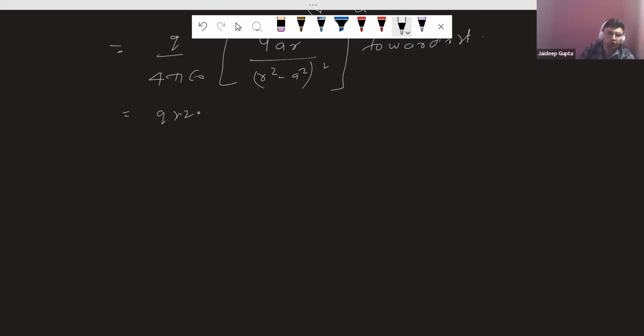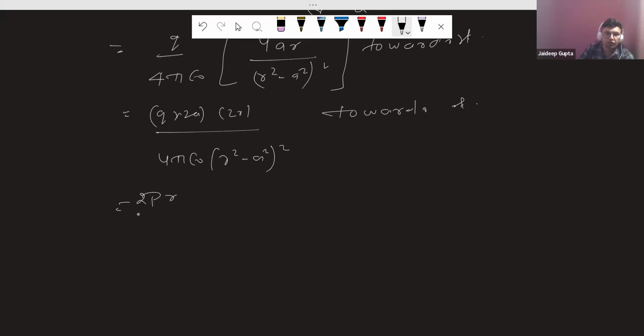So Q into 2A times 2R over 4 epsilon R square A square whole square towards right. So Q into 2A is P, so 2PR over 4 epsilon R square A square whole square, because Q into 2A equals P, that is dipole moment.